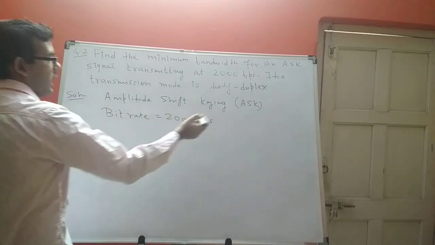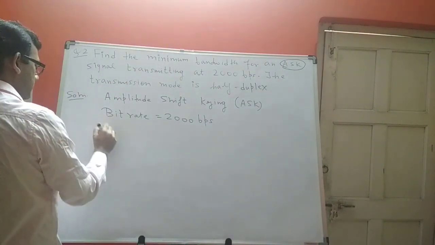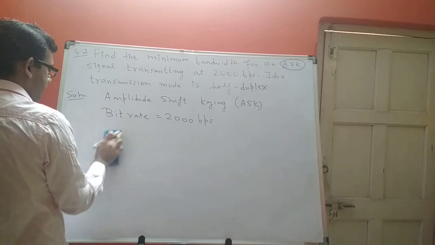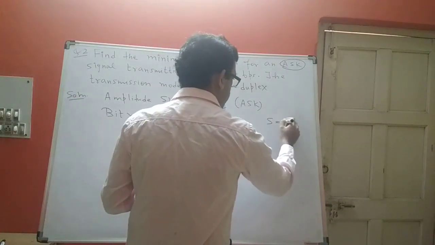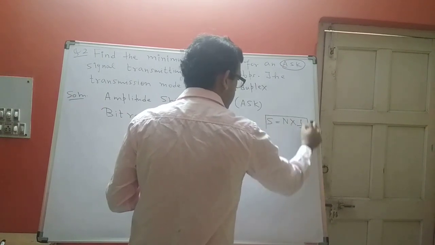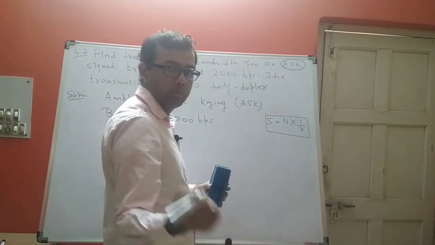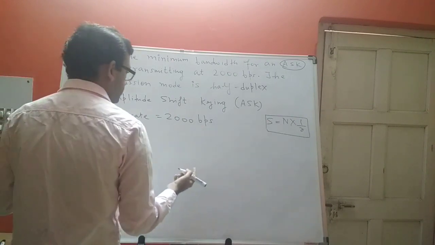Remember, for ASK systems, the bit rate, in short I'll write as N. From the formula for the relation between bit rate and baud rate, S is equal to N into 1 by R, where S is your baud rate and N is your bit rate. Here the bit rate is 2000 bits per second.